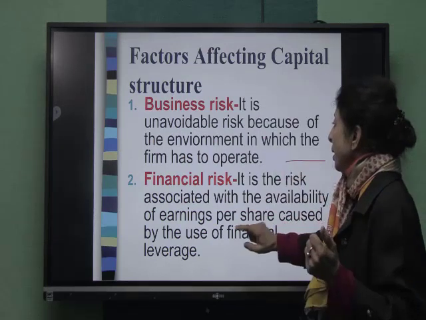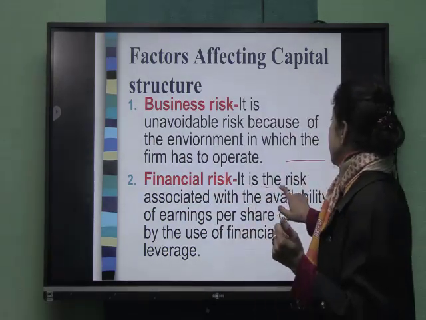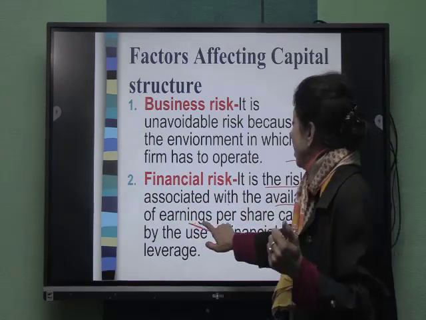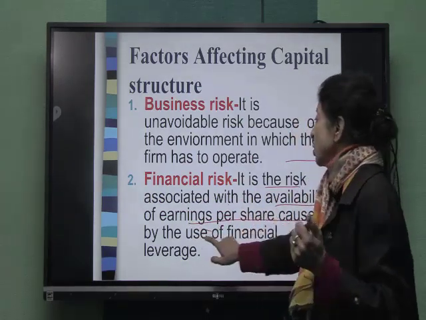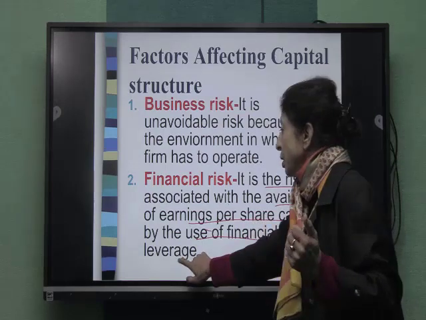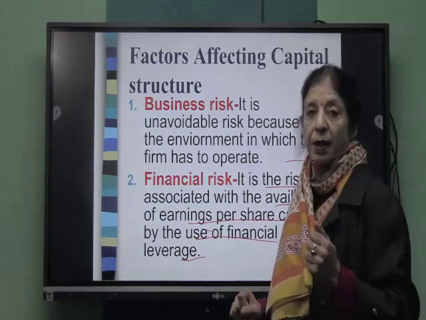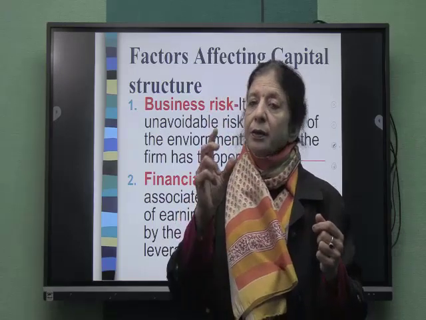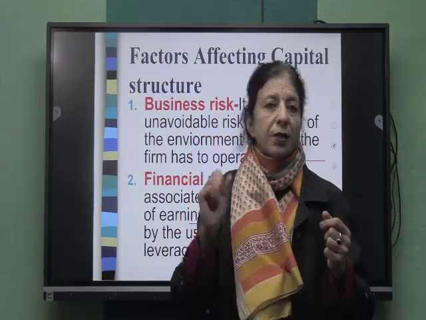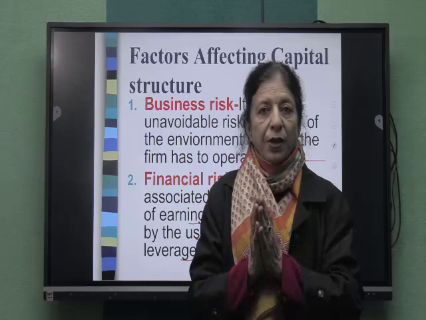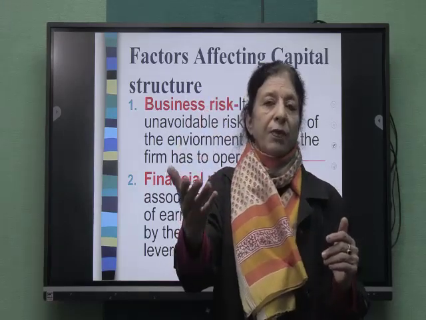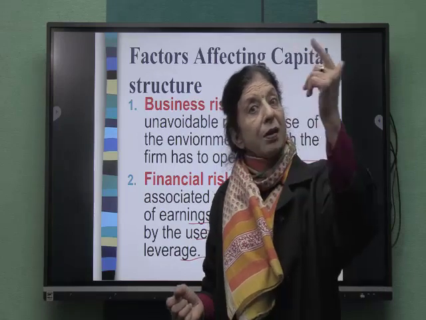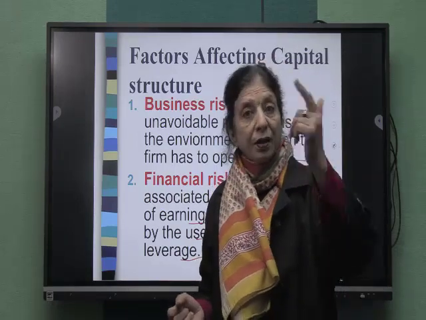Now see here, the financial risk is the risk associated with the availability of earning per share caused by the use of financial leverage. Suppose you have to raise 100 rupees, and the debt is 40 and the equity is 60 at one point of time, and you have raised the debt at a 10% rate of interest, but you are earning 12%.